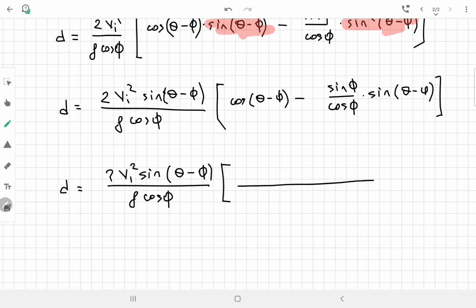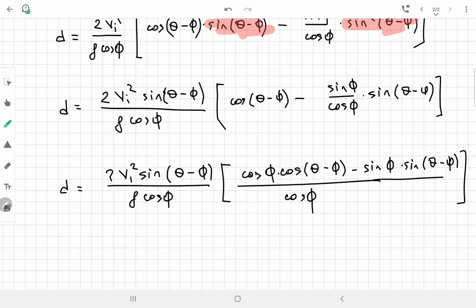This part we can write in a different form. So here it should be phi. So cosine phi times cosine theta minus phi minus sine phi times sine theta minus phi. So we can write the upper part in a different form. Basically, this is trigonometry, which is cosine of phi plus theta minus phi, like cosine alpha plus beta.